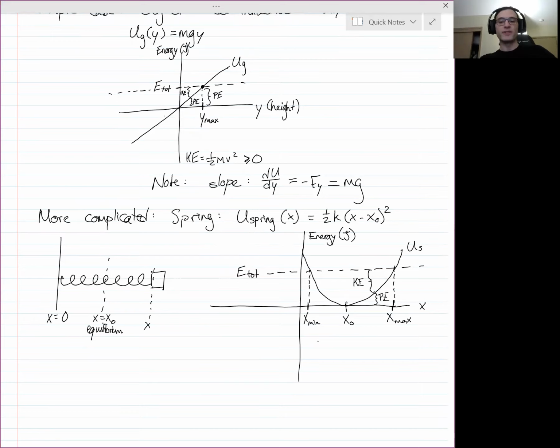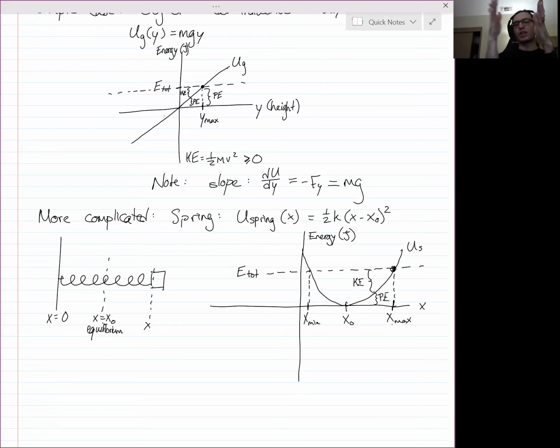That means if you give it a particular amount of energy, say this much kinetic energy, and you start it at the equilibrium position, it's moving, but it's at equilibrium. So how far can it go before the spring pulls it back? It can go to the position x max, until the spring has enough force to pull it back.